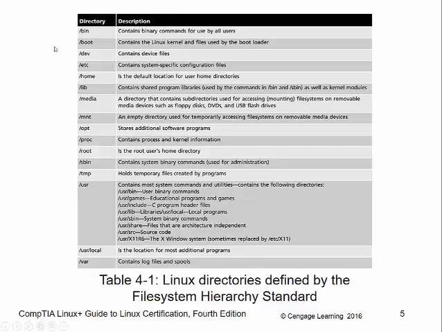Things like bin, etc. Bin will always hold your binary commands, your binary programs for normal users. Sbin will always hold the system binary commands or programs. These are the things that make up the operating system.